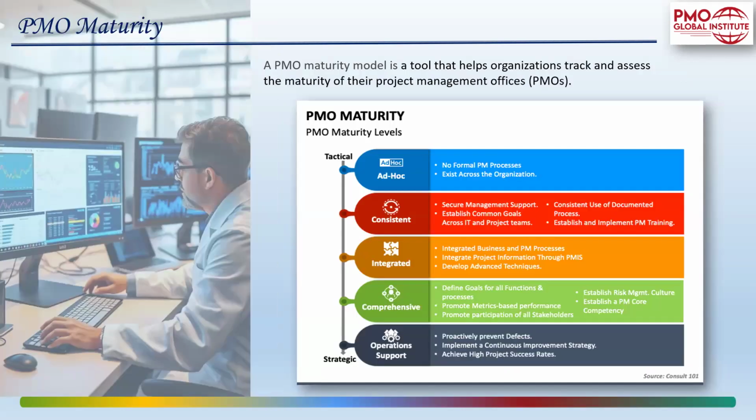So as I mentioned, I'll briefly talk about the maturity level. Just like any software company has its process and a maturity level, like CMMI for software development companies, organizations having a PMO have a different maturity level.